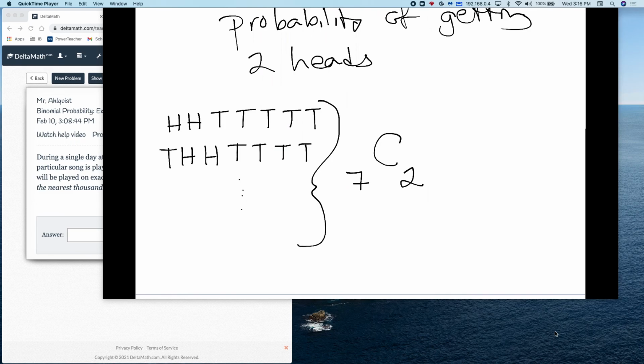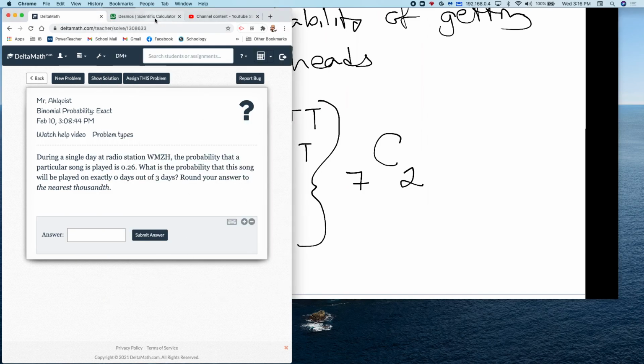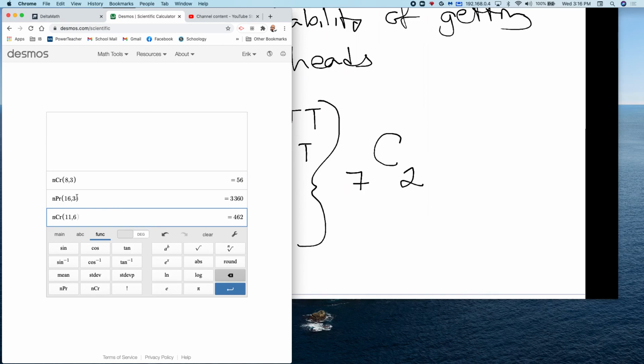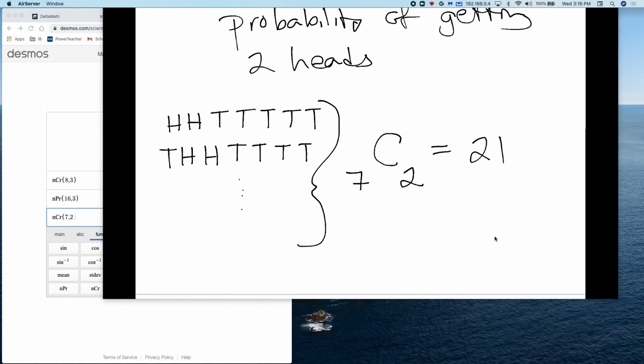We could do that really quickly on our calculator. If I go here and do 7 choose 2, it'd be 21. So my list would have 21 things in it.